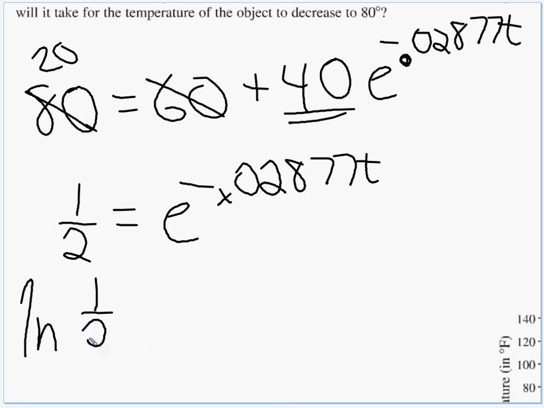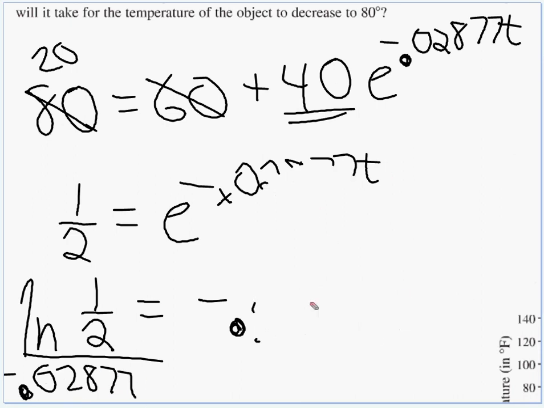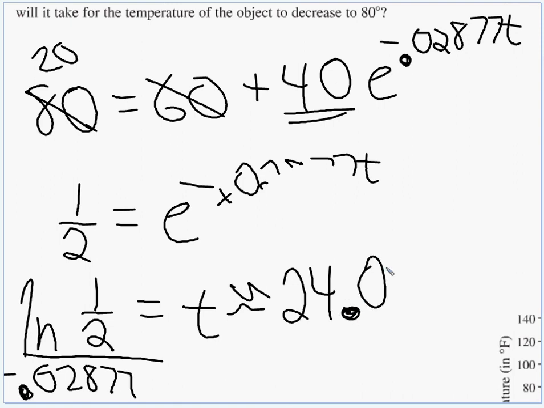Natural log of a half is equal to negative 0.02877 t. Divide by this decimal, negative 0.02877, and we get our t. t is approximately 24.09.